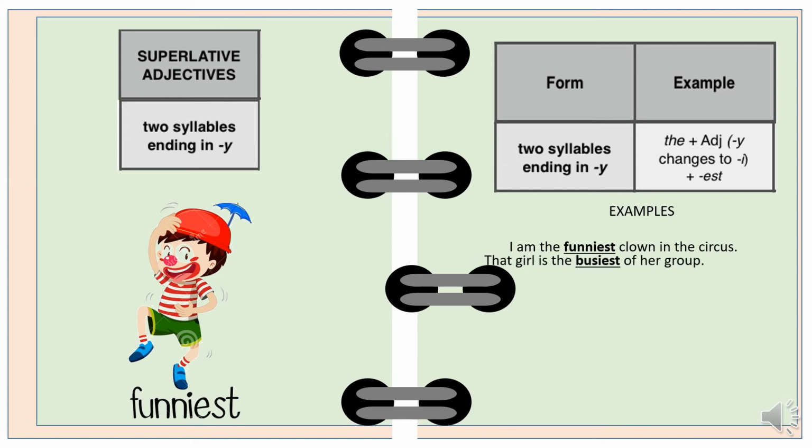Number two. The girl is the busiest of the group. Okay, that girl is the busiest. We are comparing among a group of girls, and one of them is the busiest one. So, busy ends with what? With y. We remove the y, we change it for the i, and we add est. Very good. You did a great job with me.